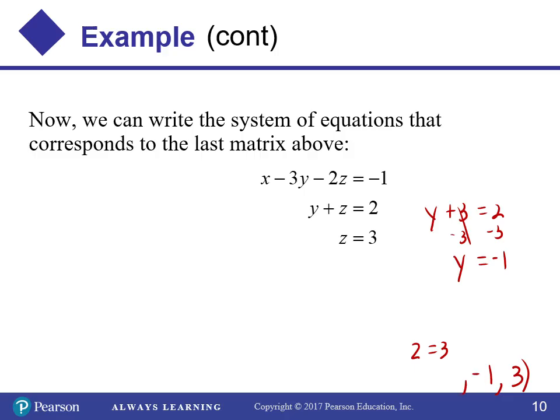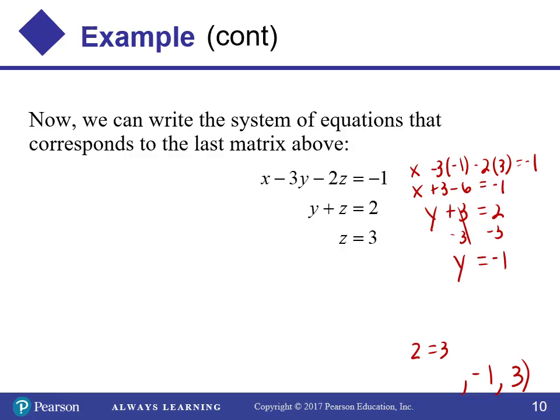And now I can plug y and z into this equation and solve for x. So y was -1 and z was 3. Well, that gives me x plus 3 minus 6 equals -1.